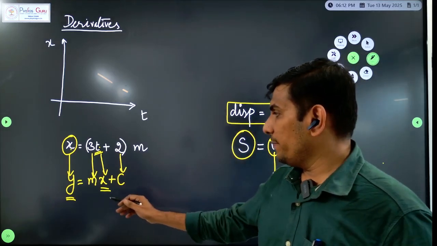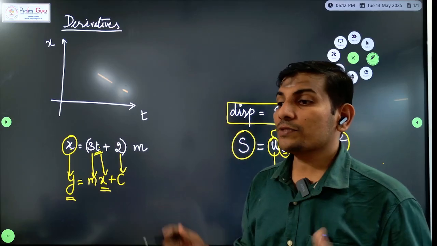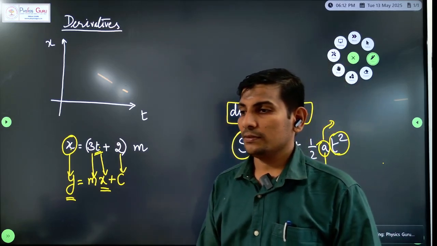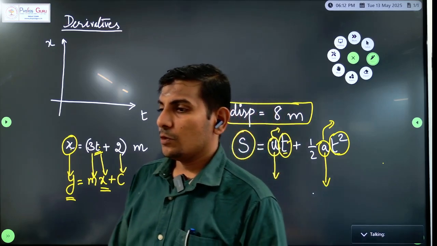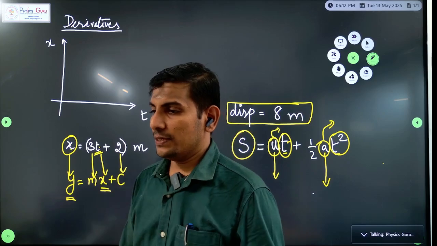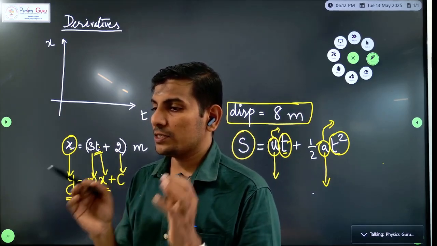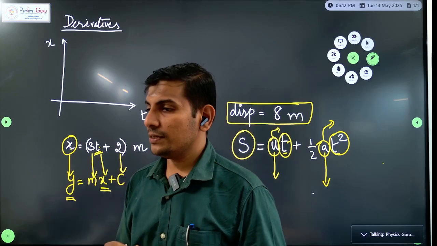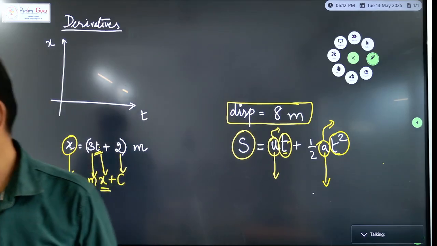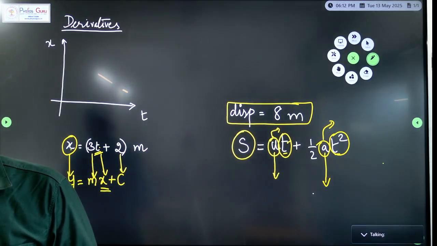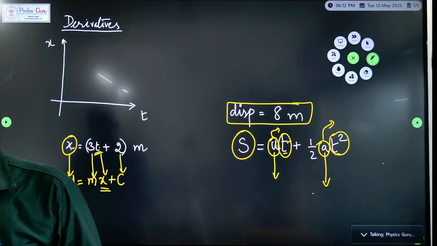Y is equal to mx plus c. What kind of structure is this? Can anyone say? Y is equal to mx plus c indicates a particular structure. What structure is that? Of course it has an intercept.